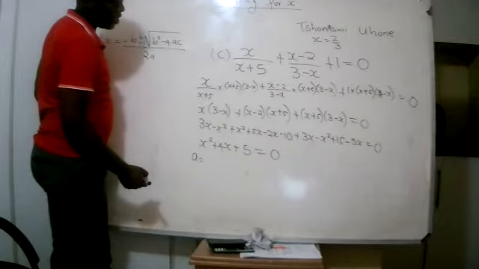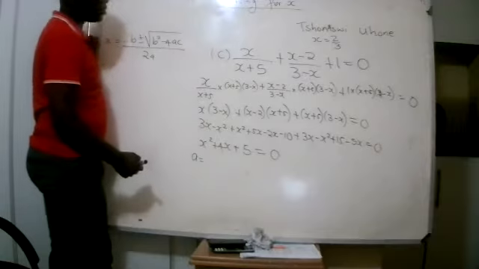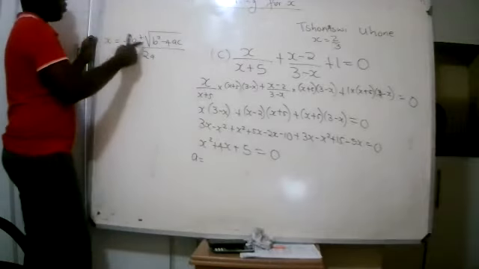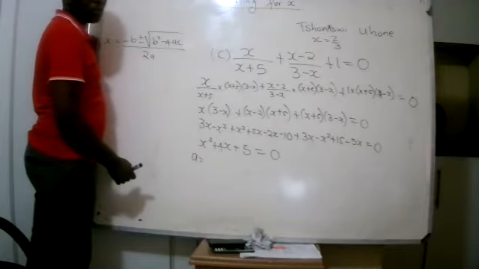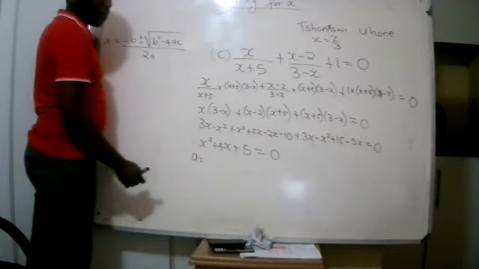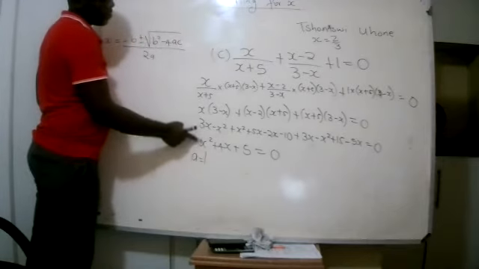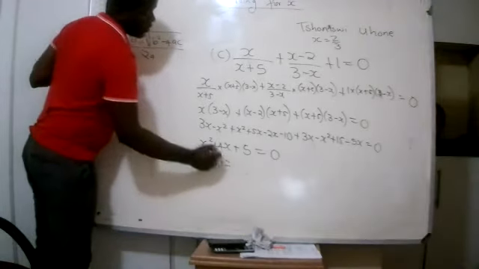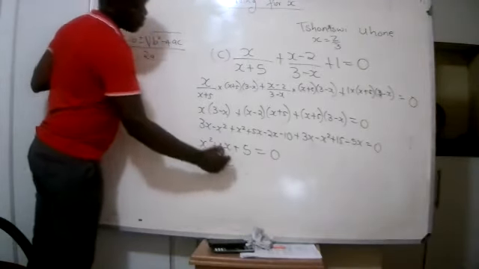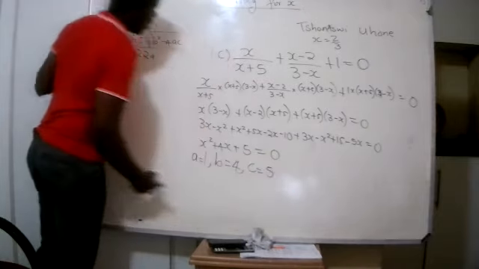The value of a in this equation, the a from the quadratic formula, is the coefficient of x squared, which is 1, right? And then the b is the coefficient of x, which is 4. And then the c is given as 5, like that.